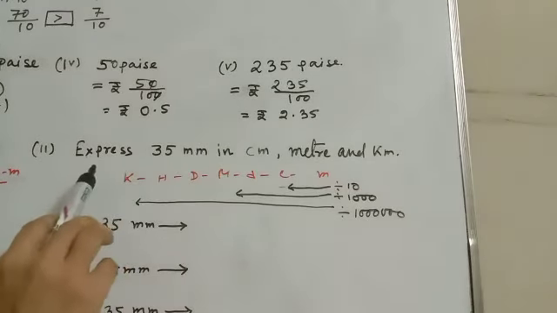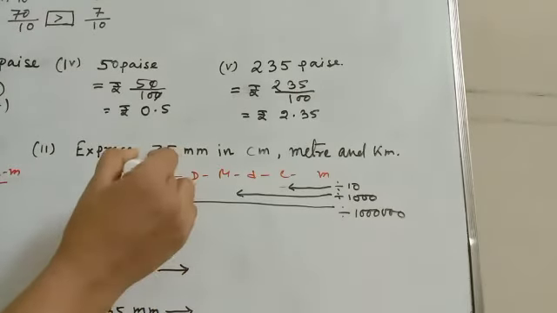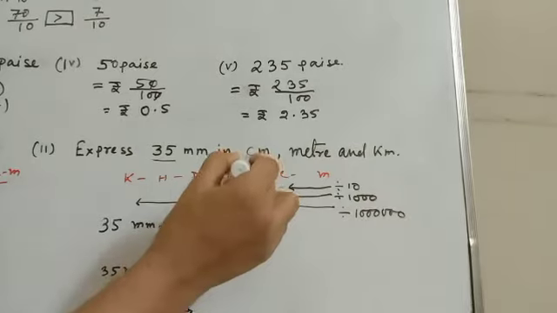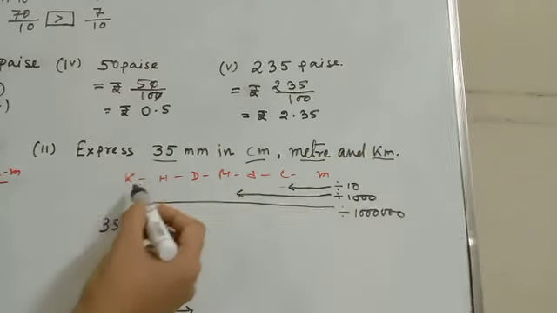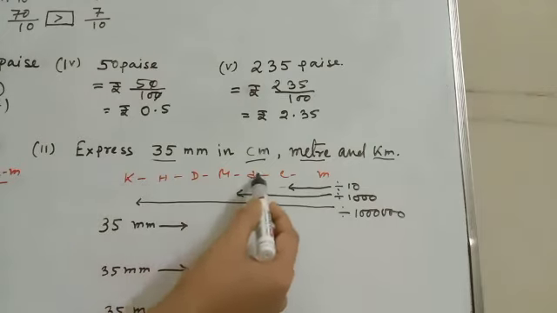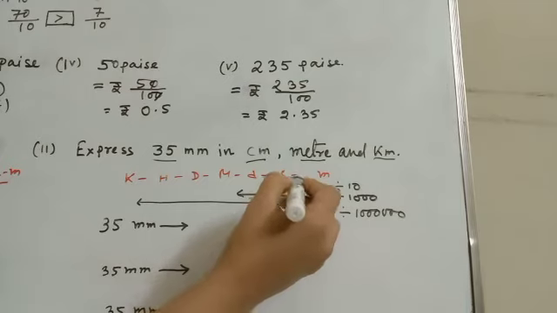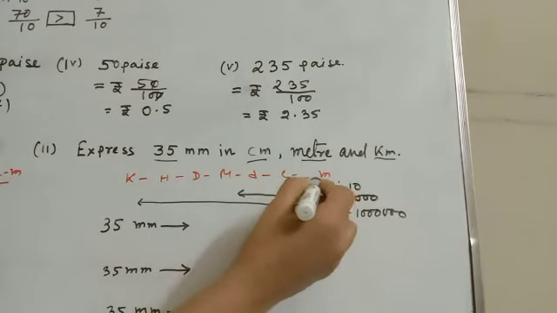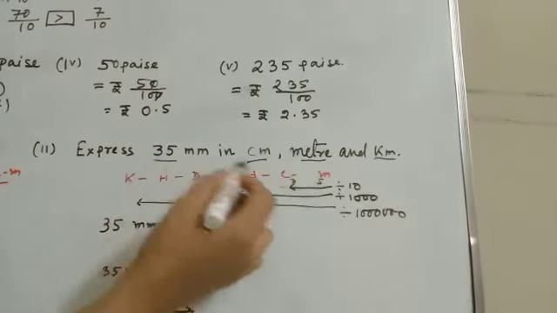Now next question is express 35 millimeter in centimeter, meter and kilometer. Again I have written kilo, hectare, deca, meter, deci, centi, milli. In this way it is 35 millimeter.